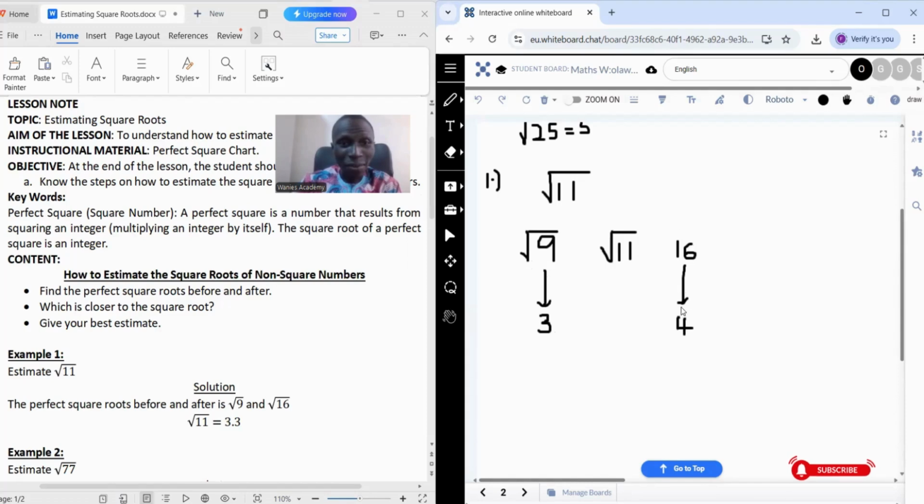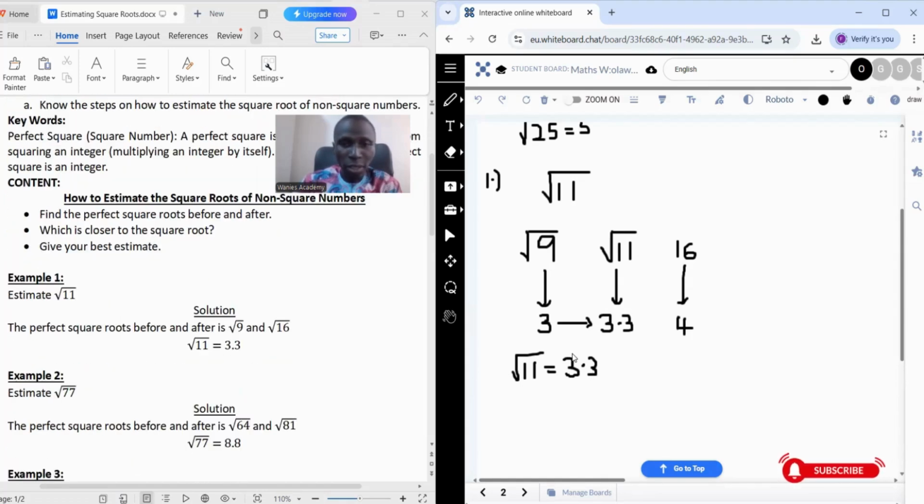So we can have the estimate of the square root of 11 to be 3.3. So we can have the square root of 11 to be 3.3.